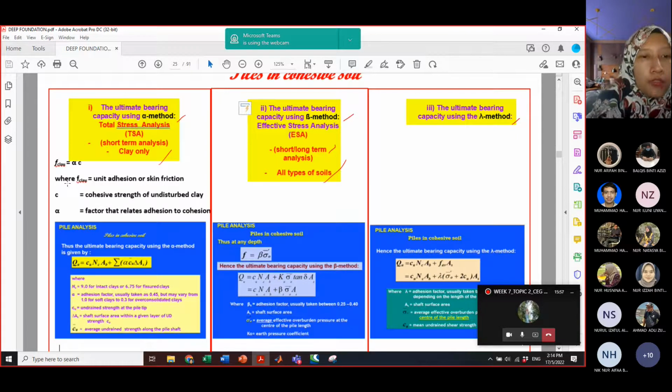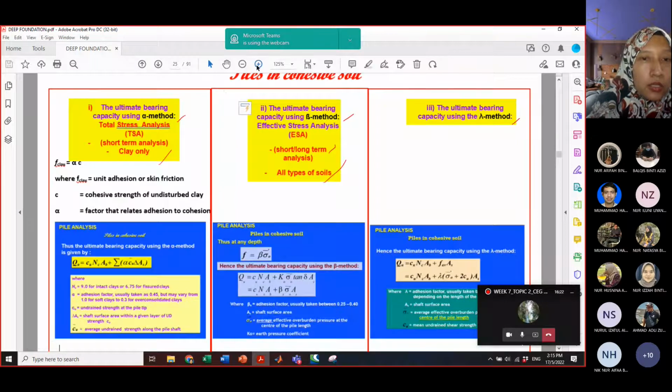So F is the unit adhesion or skin friction, while C is the coefficient of undisturbed clay, and alpha is a factor that relates adhesion to cohesion. You will see after this how alpha and C are related. It means that you are given the C value, and from there you have to determine the alpha or adhesion factor.